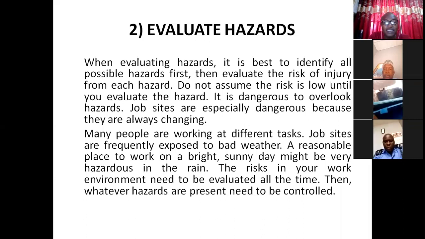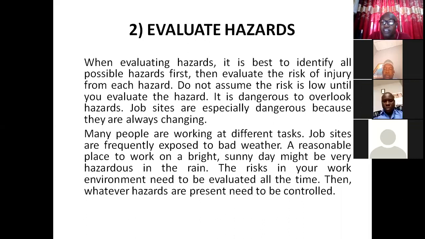Also, many people are working. A responsible and reasonable person will work in a place that is very, very safe and is very, very plain. Let me give us an example.